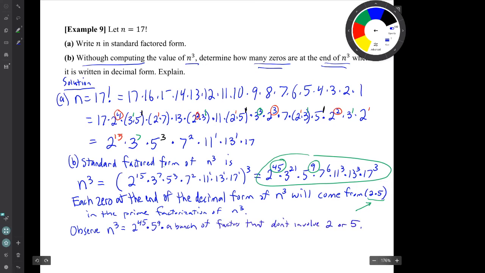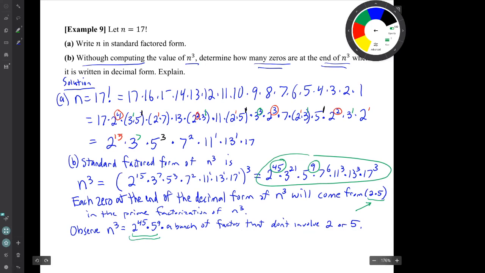So n cubed could be rearranged into a presentation that's not the standard factored form. We could put all the factors of 2 and 5 up front. And then all the other stuff is a bunch of factors that don't involve 2 or 5. So the red stuff is going to be an integer that is not divisible by 2 or 5. So that red stuff is going to be a number that is not going to have any zeros at the end of it. So any zeros at the end of n cubed are going to come from it having this.